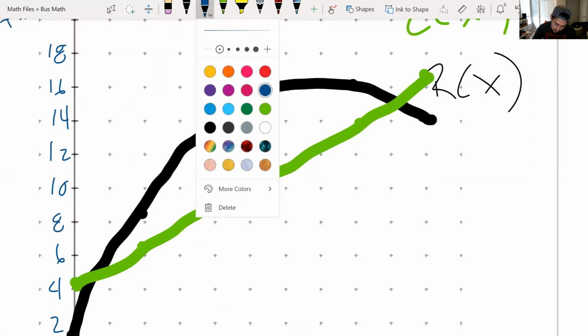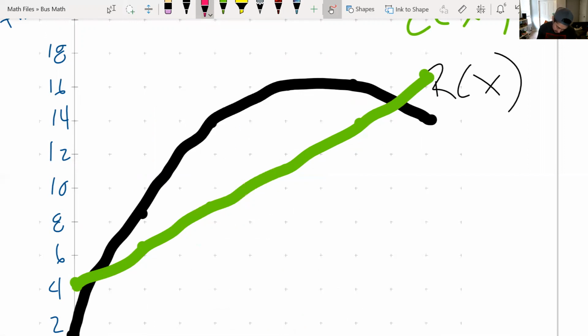So if I change this color, we want to know what is this point where they intersect at, and what is this point where they intersect at.